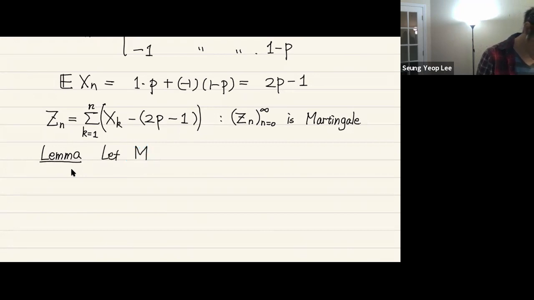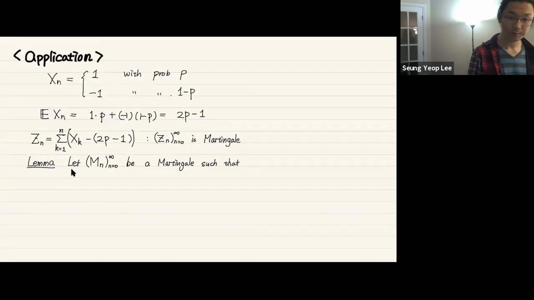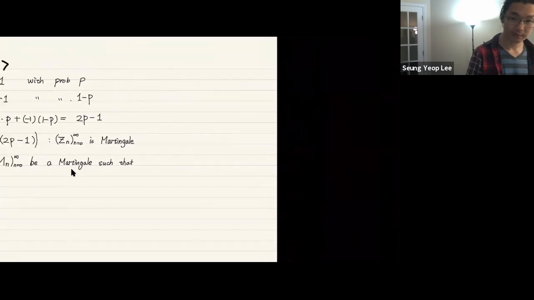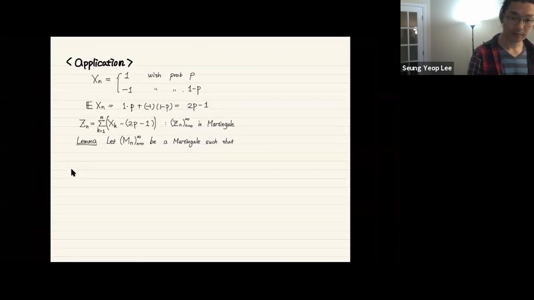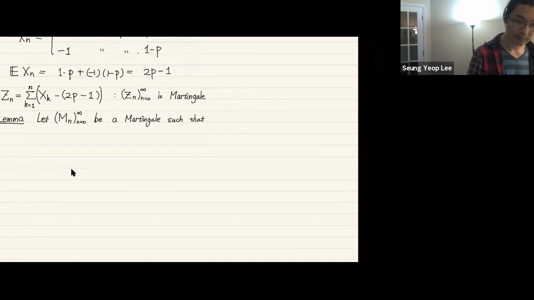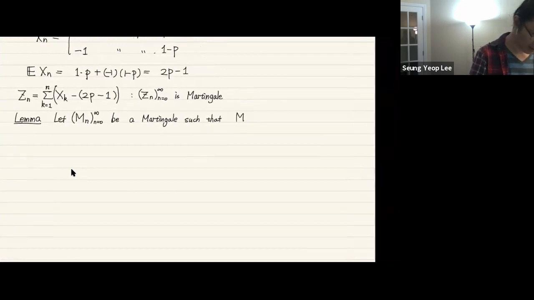Let Mn be a martingale such that Mn is Fn measurable.